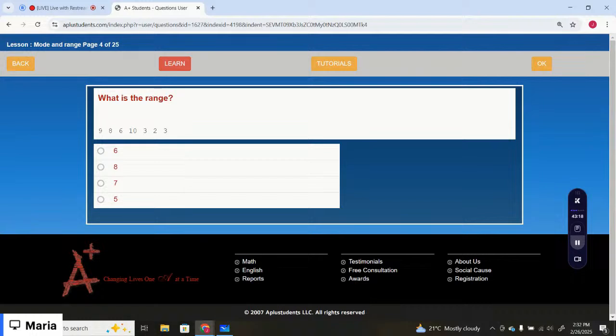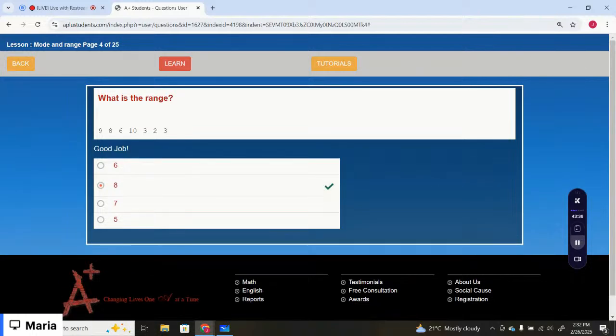What is the range? The range is the difference between the greatest and the smallest number. That is 10 take away 2. The correct option is 8. Option number 2 is the correct option.